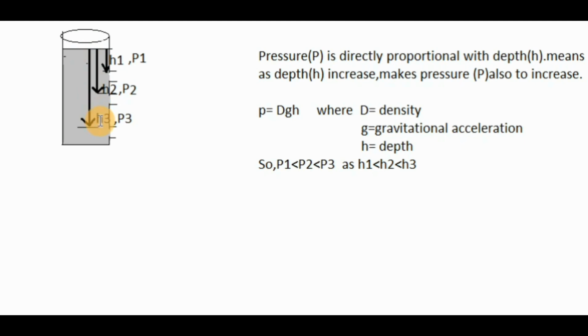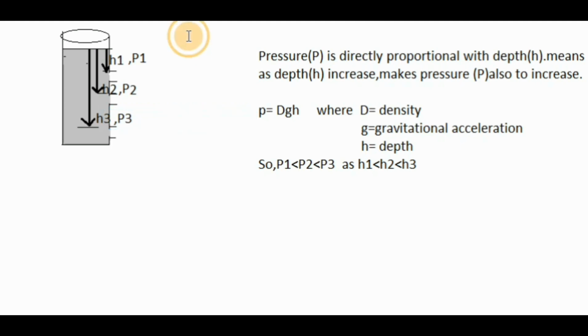From the top up to the third tube, this is the third depth. And as you see, for depth 1 there is pressure 1, for depth 2 there is pressure 2, and for depth 3 there is pressure 3.